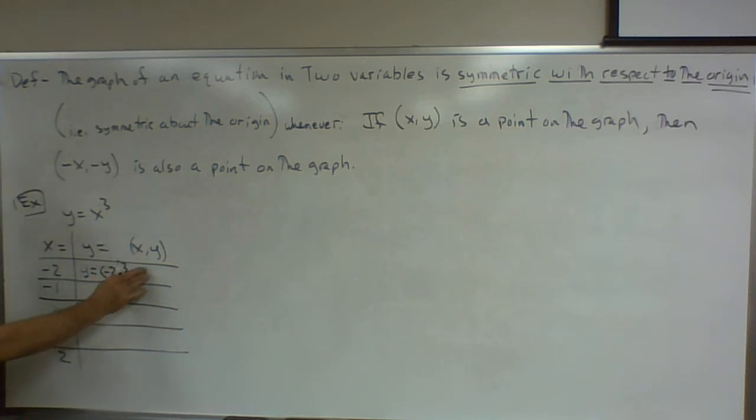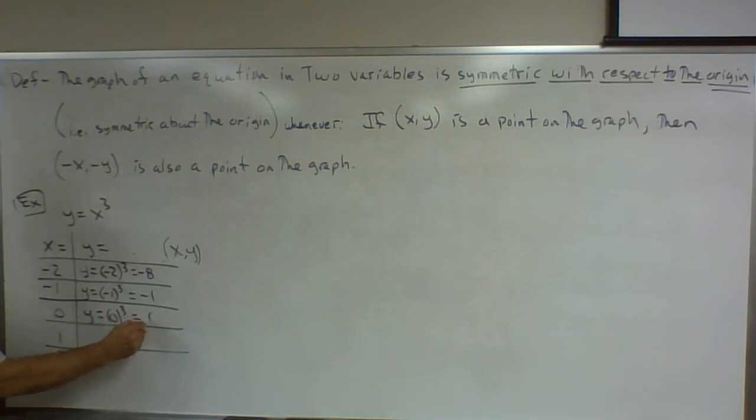No, it's not. -2 cubed is -8. Plug in -1 for x. Y is -1 cubed, which is -1. Plug in 0 for x. Y is 0 cubed, which is 0. Plug in 1 for x. Y is 1 cubed, which is 1. Plug in 2 for x. Y is 2 cubed, which is 8.